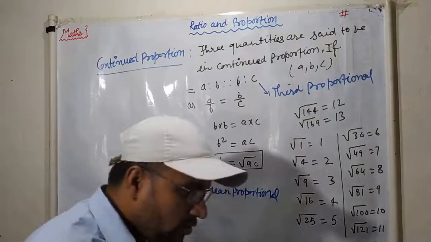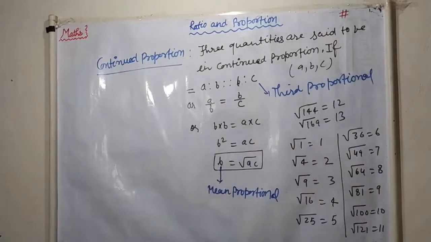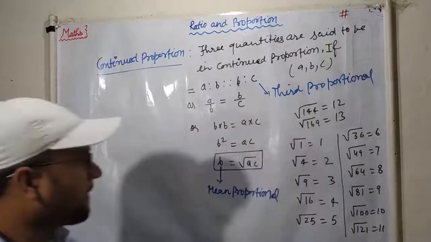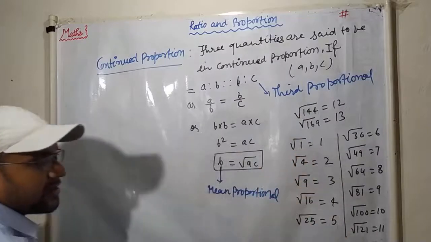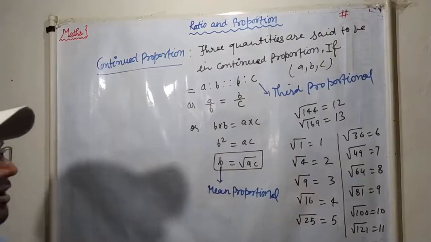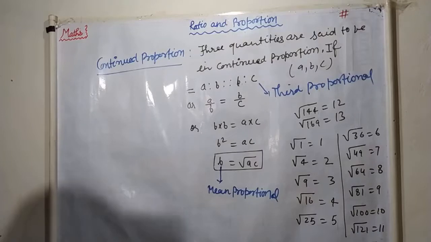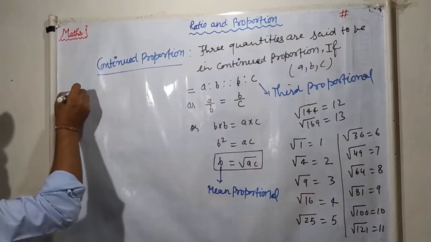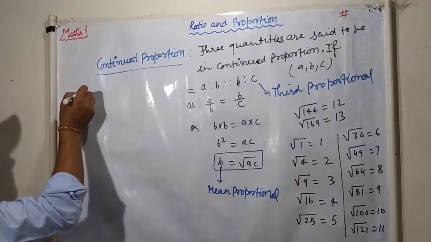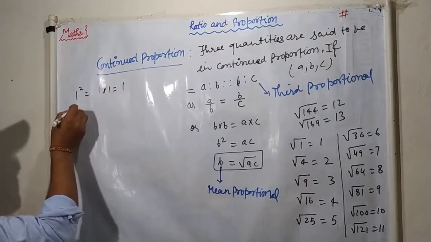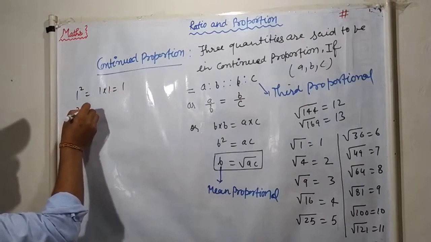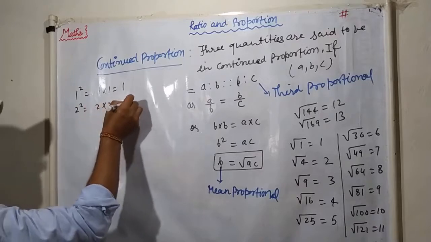Now I'm going to start your chapter, students. Here are the square roots; you will learn this, it is very important for you. Learn up to 20. Square of 1 is 1 into 1, which is 1. Square of 2 is 2 into 2, which is 4.